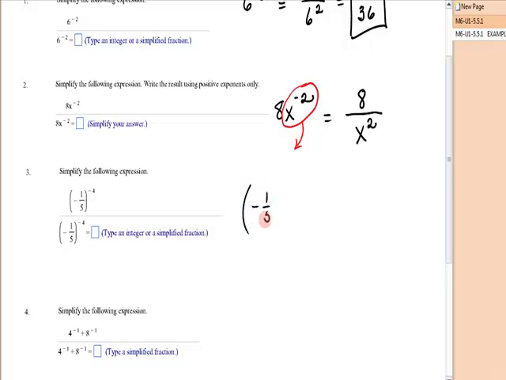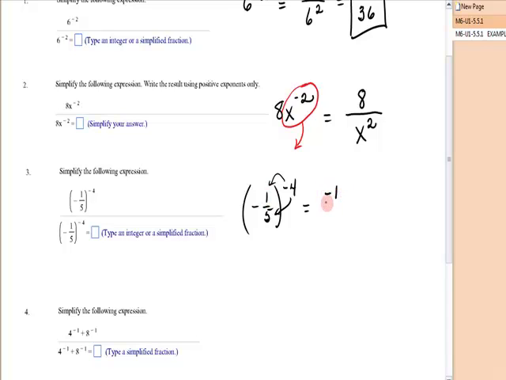I have the fraction negative 1/5 raised to the negative 4th power. Well, let's use the power rule that says both the top and the bottom are going to be affected by that exponent. And I'm going to just move the negative, if you don't mind, and let it be with the numerator.